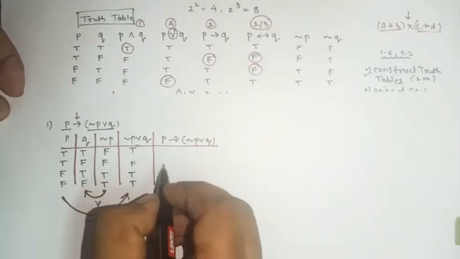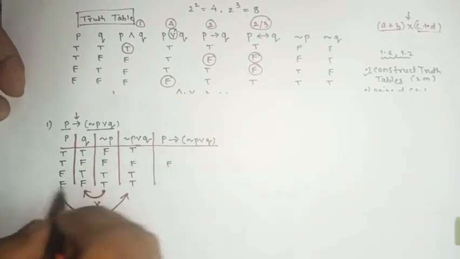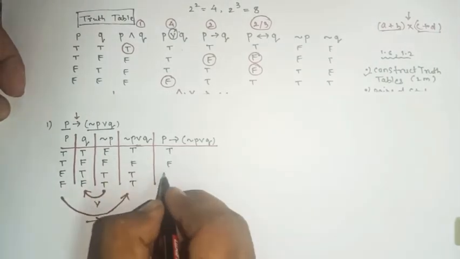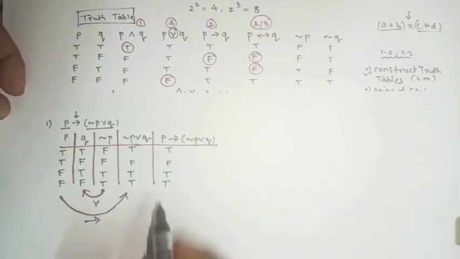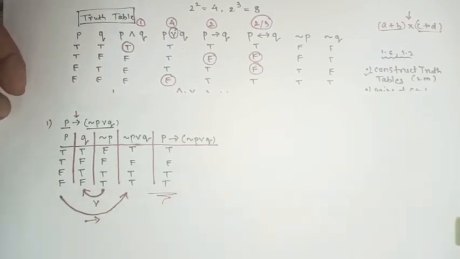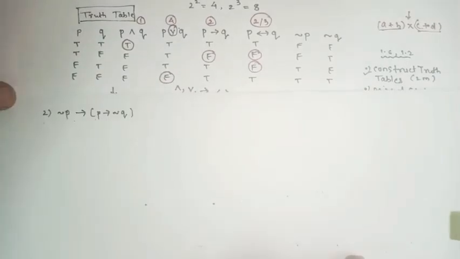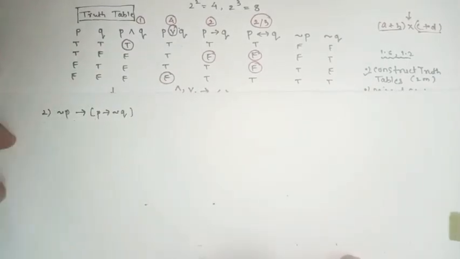So that true false will be false, and we know that nowhere else is there a true false, so the rest will be what? True. Understood? So that's the final answer we can say. So in this way you have to construct the table. Got the point? Okay, shall we move on to the next example?